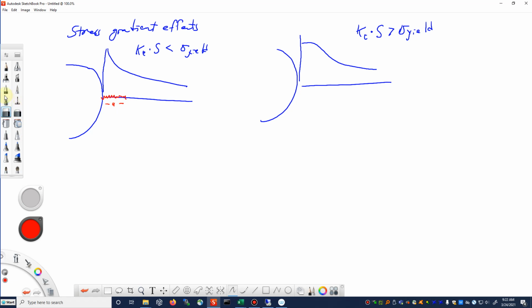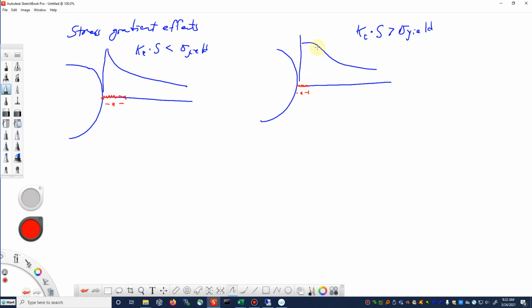If we have a material that is less strong, maybe it's more ductile, if we have a stress concentration factor times its nominal stress that exceeds the yield stress of the material, it's going to be a natural limiting of the stress that we can have at the edge of the stress concentration. And so in that case, the crack may only grow a little bit as we get into here.